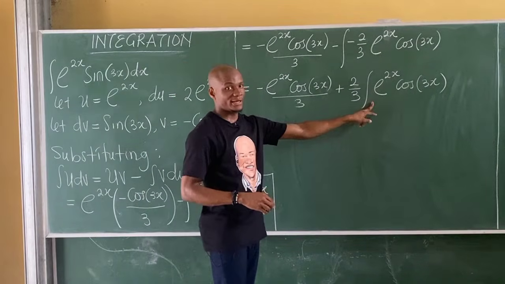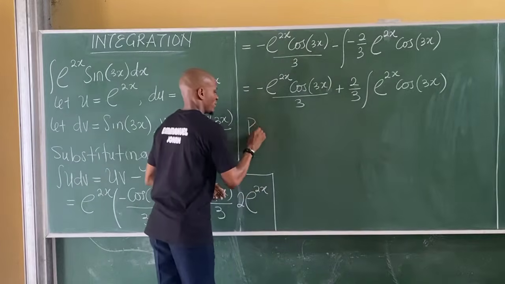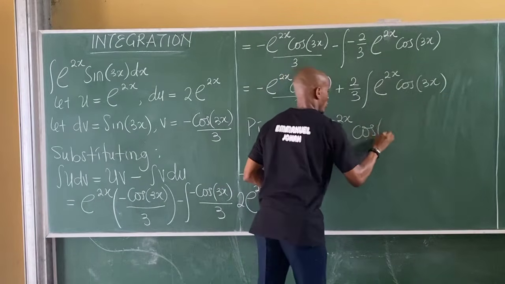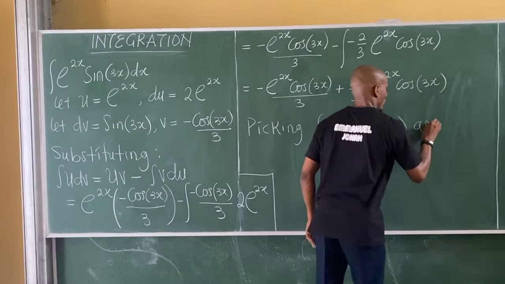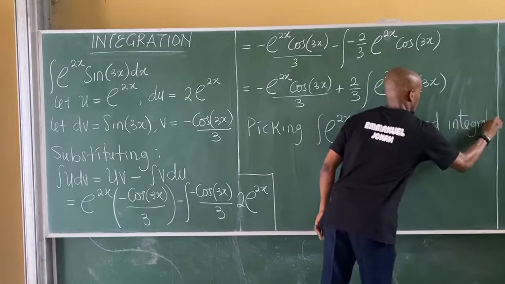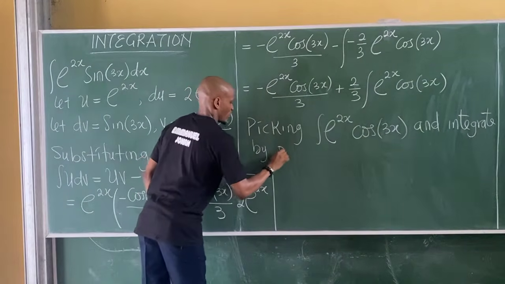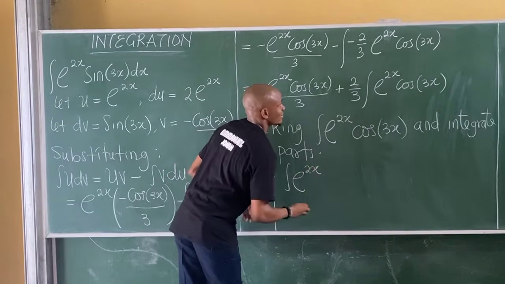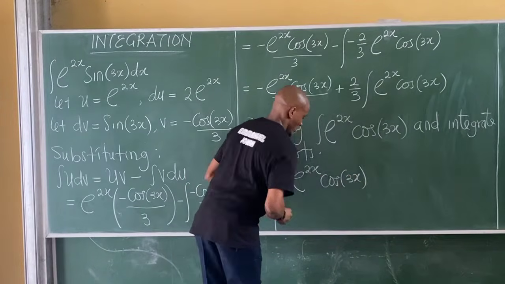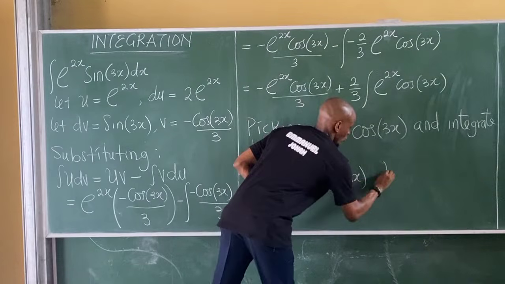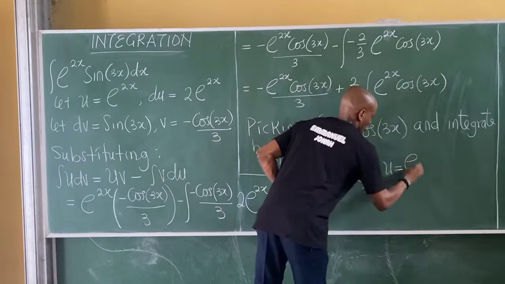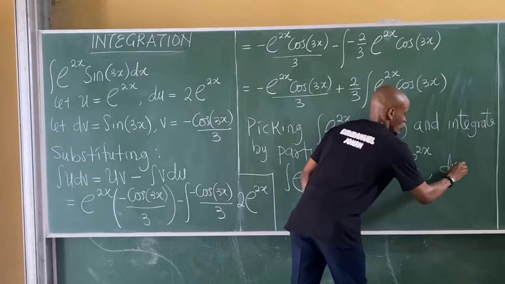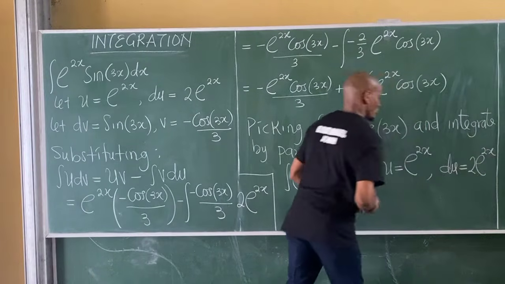So I'll pick this up now and integrate it by parts. Picking the integral of exponential 2x cos 3x, u will be equal to exponential 2x, and du will be equal to 2 exponential 2x.